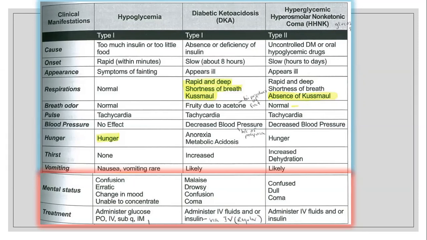If a type 2 patient has a complication, they usually develop hyperglycemic hyperosmolar non-ketotic coma.